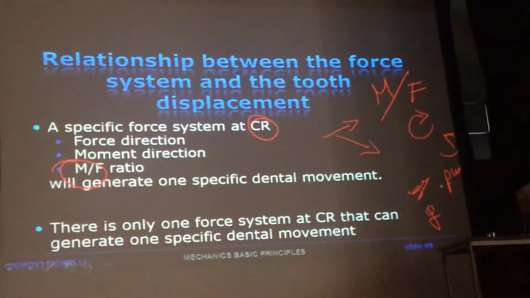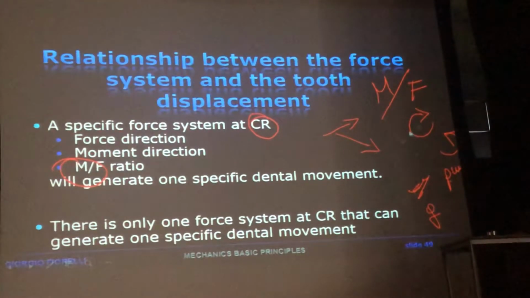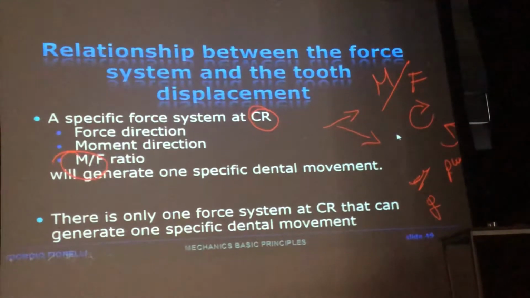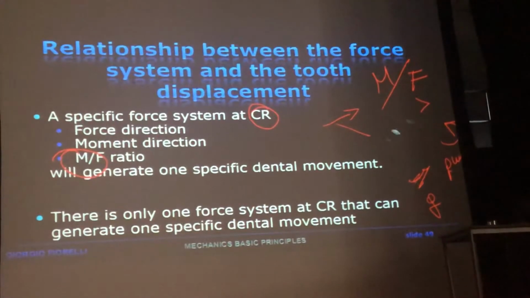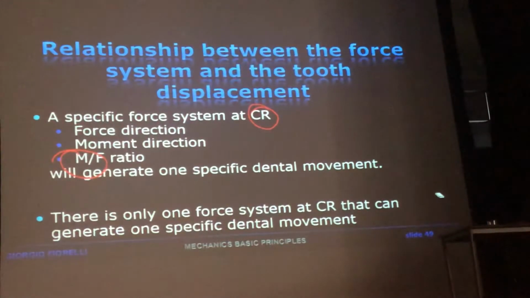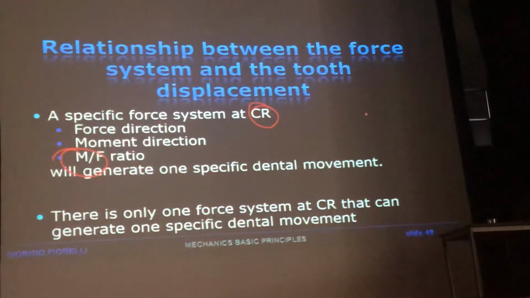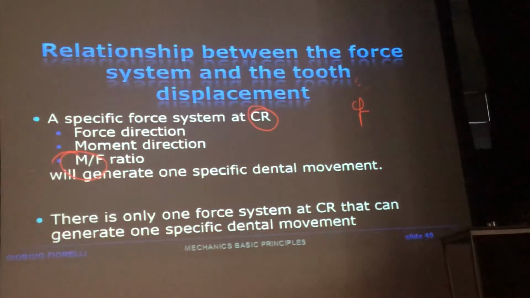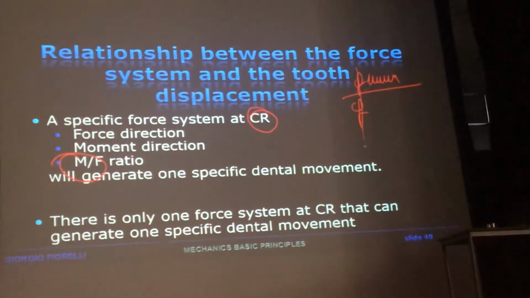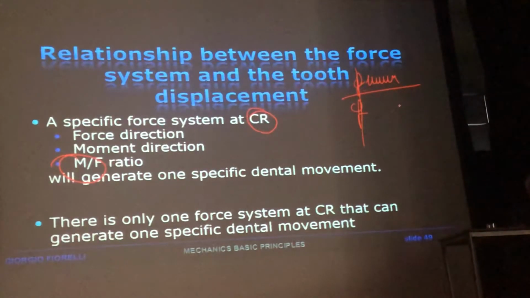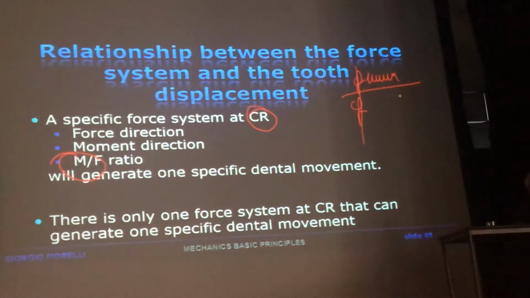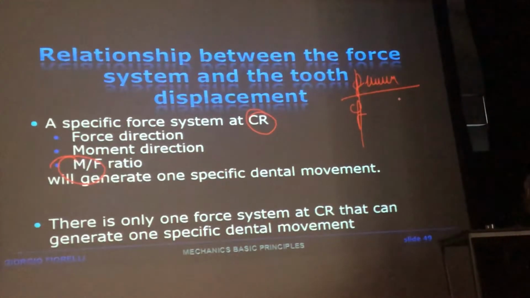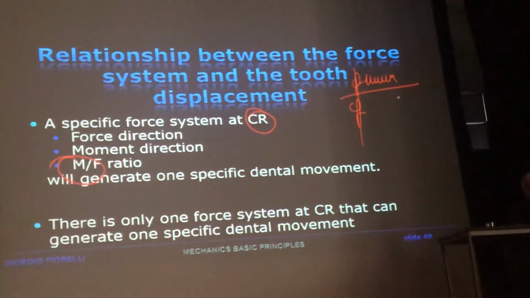Sorry, I'm not in a good position for drawing this here. Sorry. So the force is expressed in gram. The moment is expressed in gram millimeter, and the moment to force ratio becomes a distance, which in our environment is millimeters. And the moment to force ratio is a value that is used in engineering.